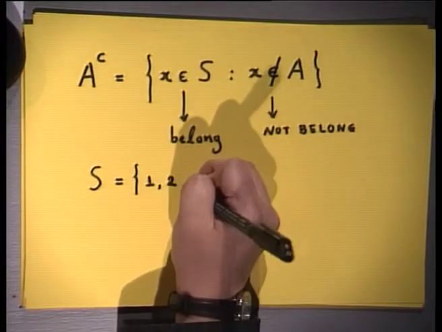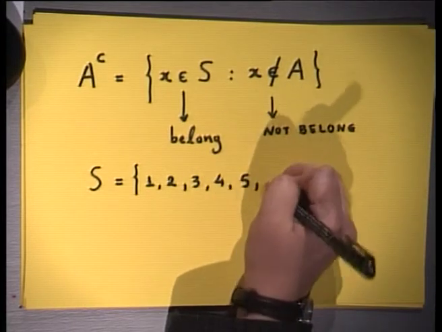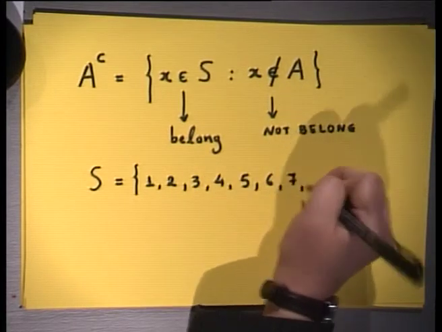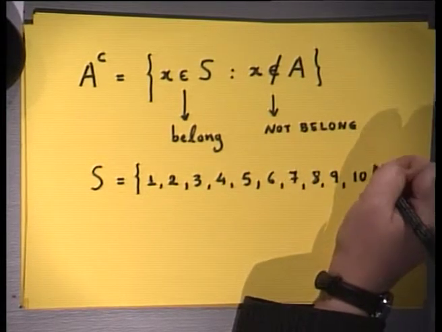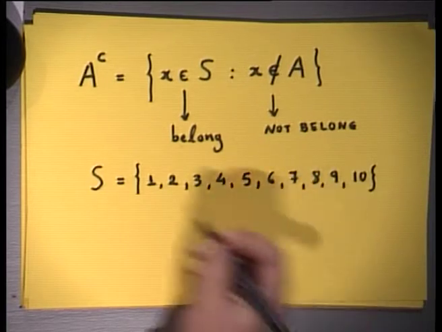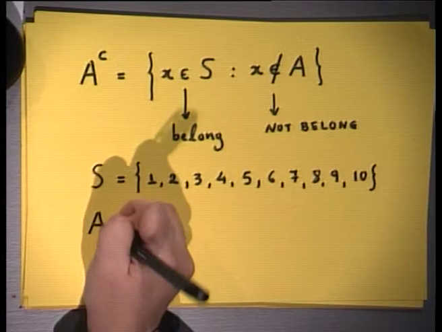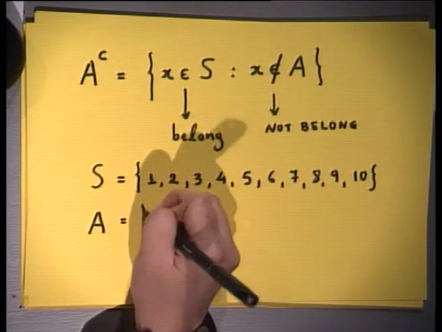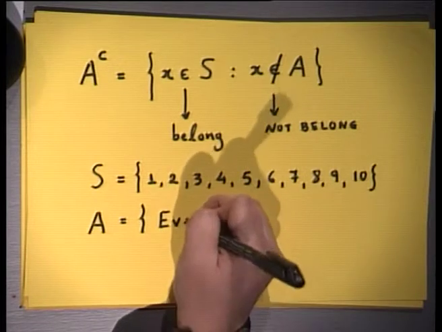So it's 1, 2, 3, 4, 5, 6, 7, 8, 9, 10. An event here could be A, the even numbers from the sample space.